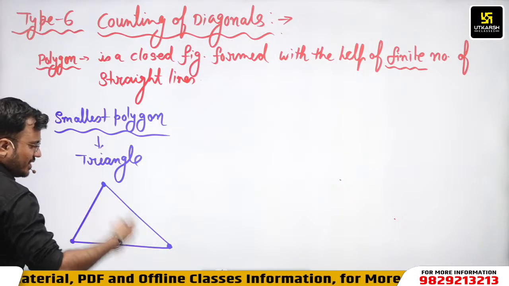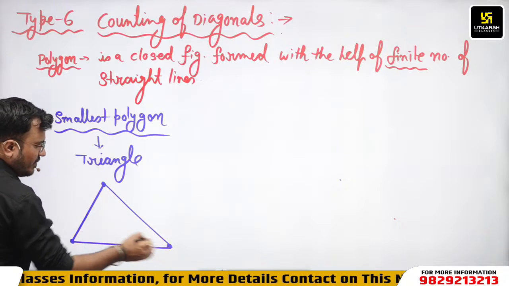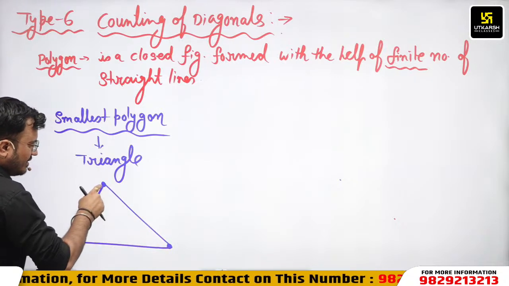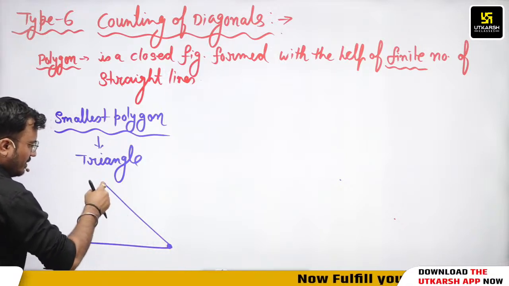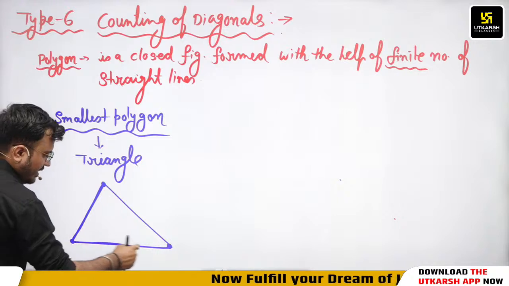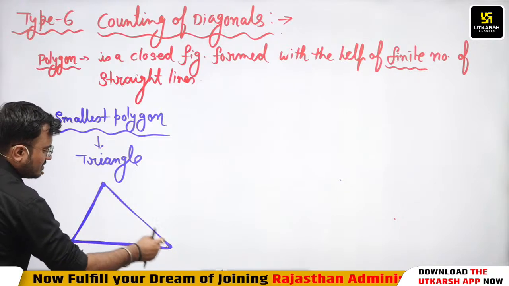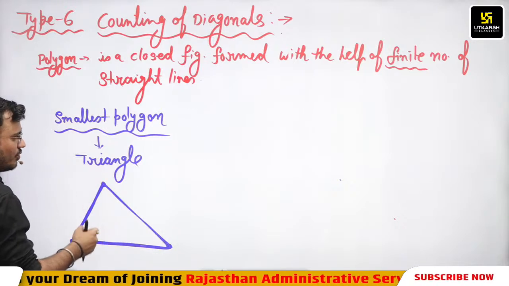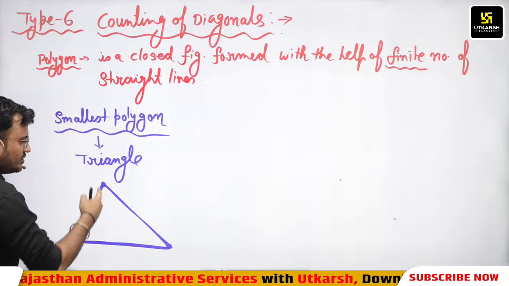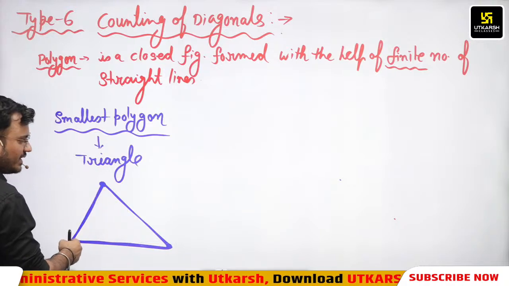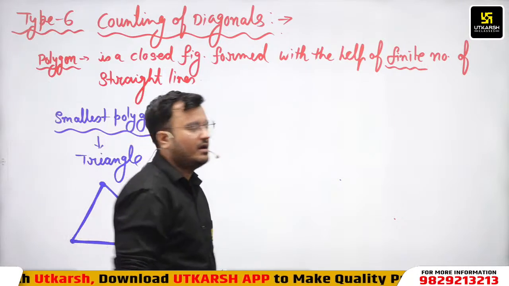Diagonals are the straight lines that can be formed by joining the vertices of a polygon, other than the straight lines that are used to draw the periphery. So other than these 3 straight lines, if we are able to draw another straight line by connecting these vertices, that kind of line is known as a diagonal.